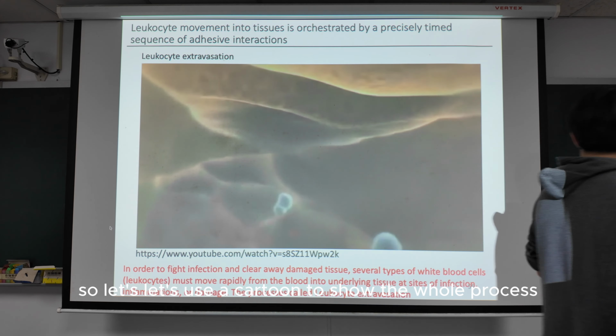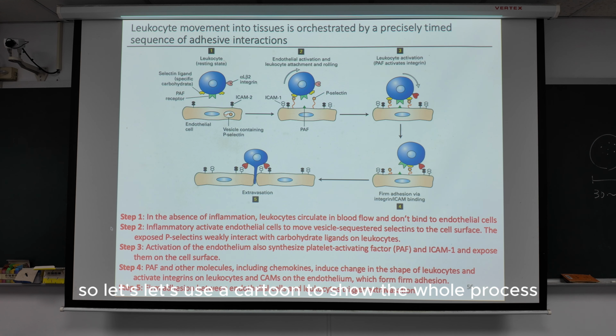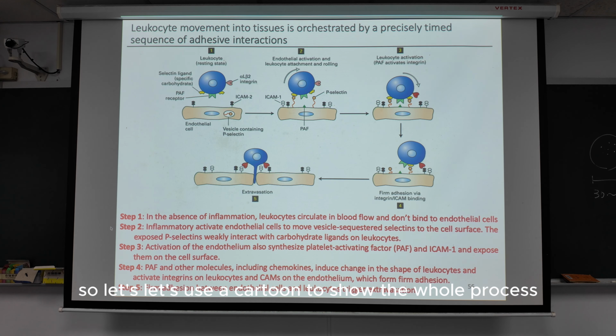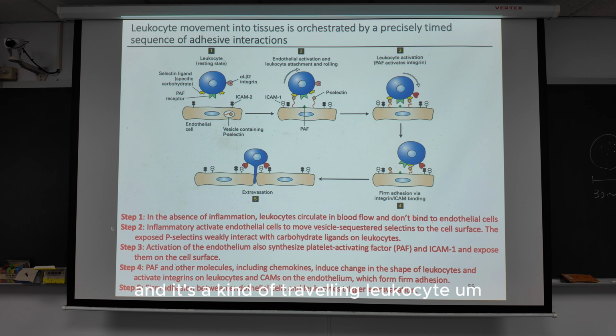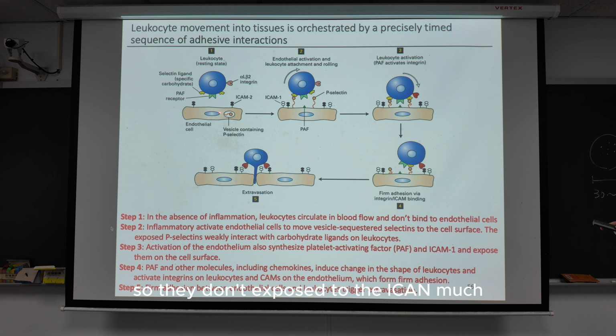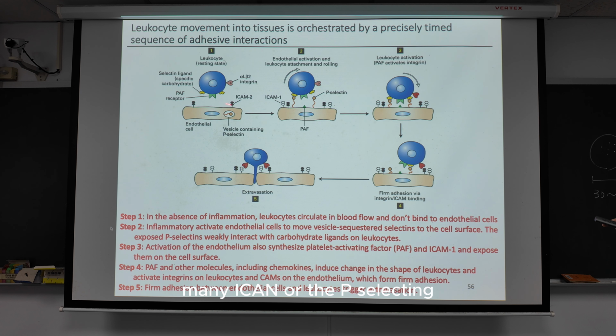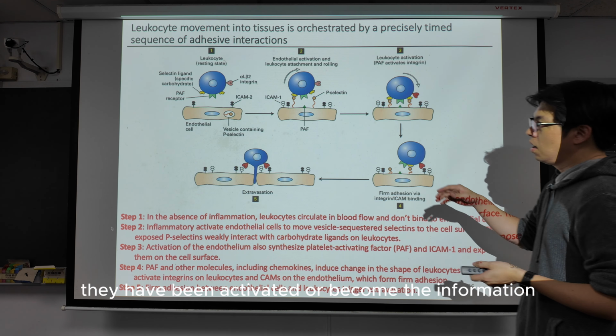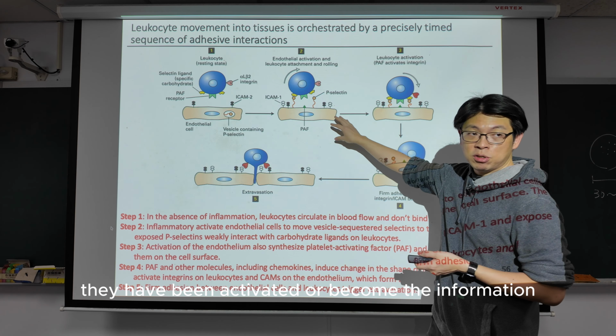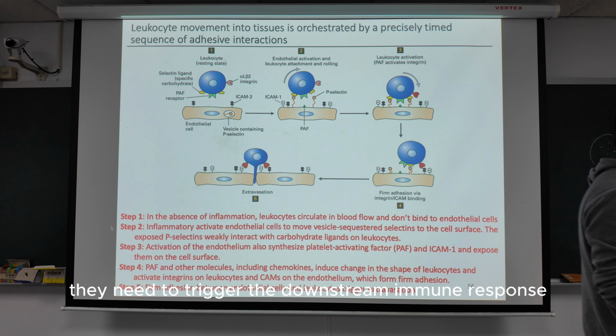Okay, so let's use a cartoon to show the whole process. In the steady state, this is an endothelial cell, and here is a traveling leukocyte. They are not exposed to many ICAMs or P-selectin on the surface of the endothelial cell. But once they have been activated or there is inflammation, they need to trigger the downstream immune response.